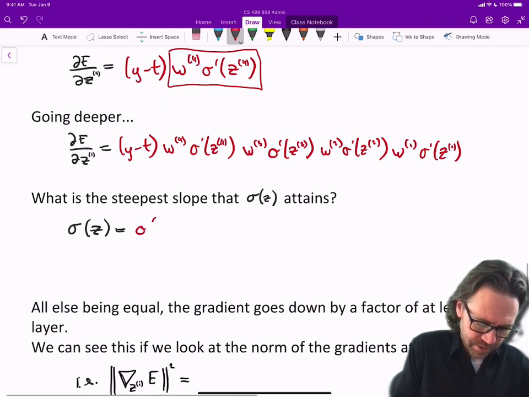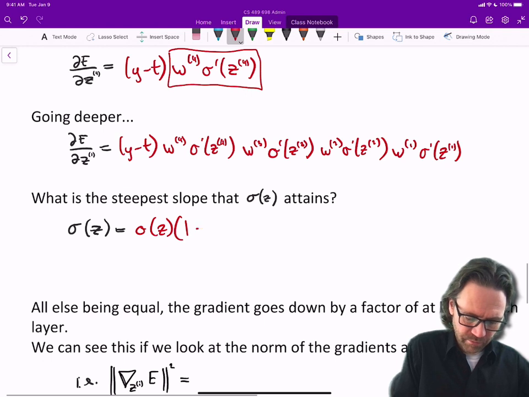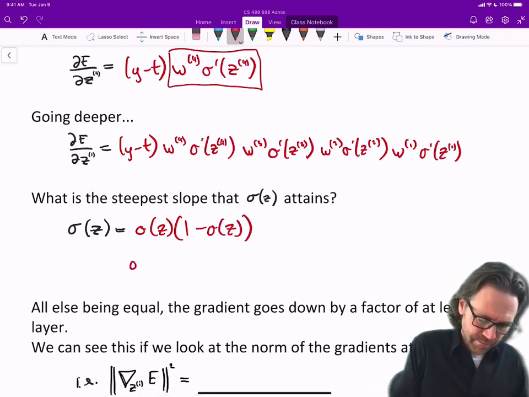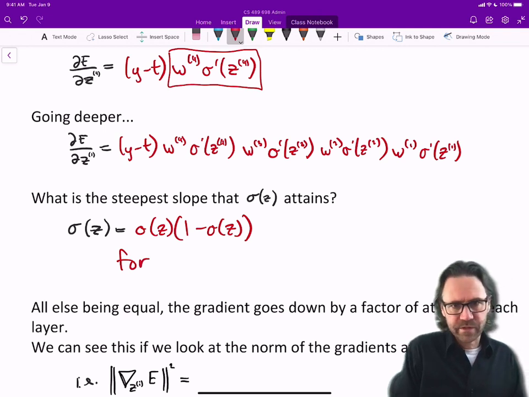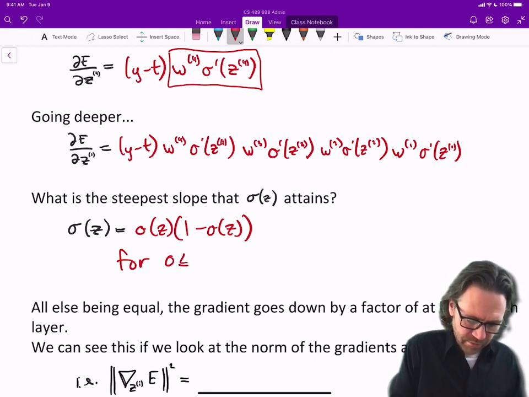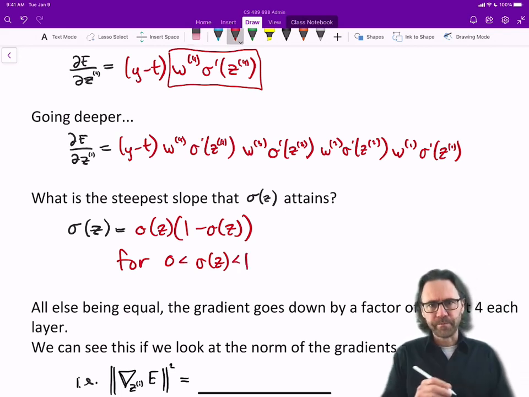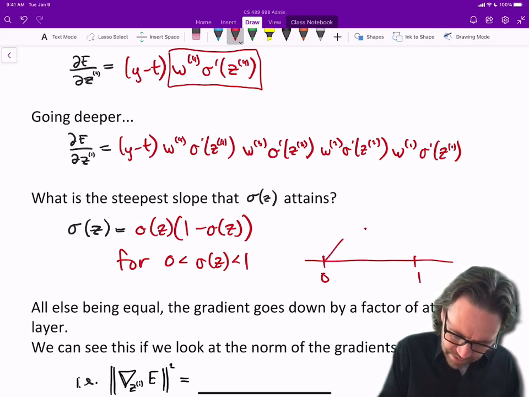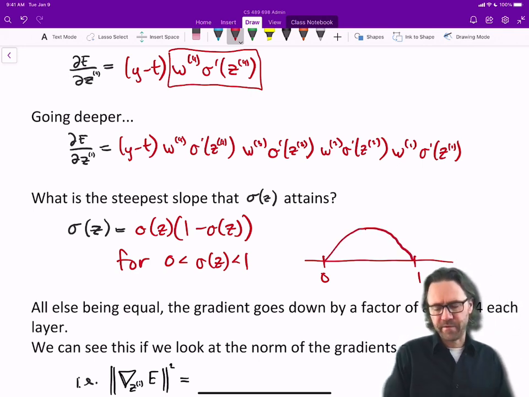As you know, it can be rewritten like this. Of course, sigma is strictly between 0 and 1. So if you were to plot that, it's actually just a parabola. It's got a root at 0 and 1, and in between, it attains its maximum at 0.5.